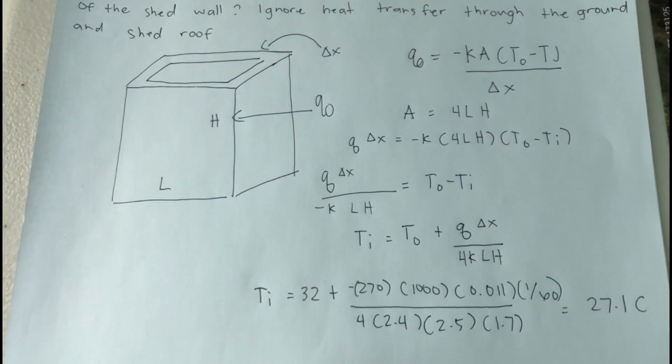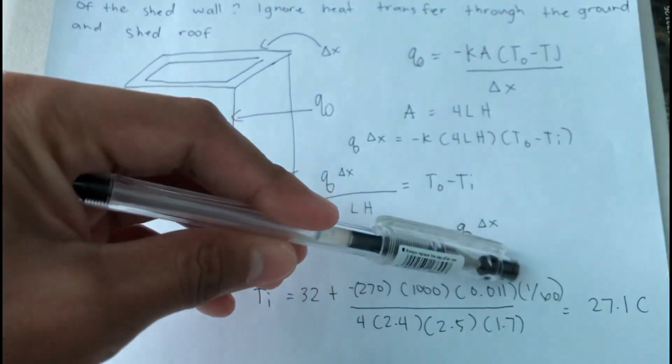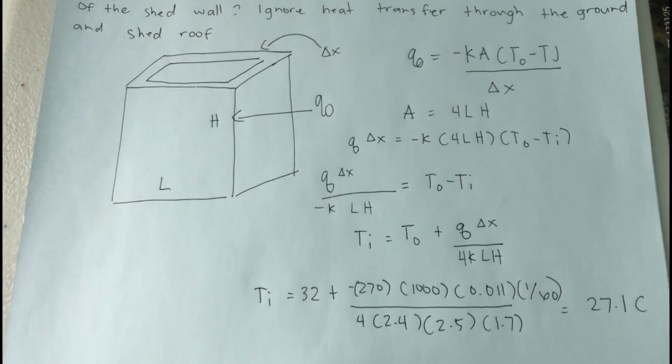Then because 270 kilojoules are transferred every minute, not every second, and watts is joules per second, I need to divide by 60. See that? To get the term correct, Q is equal to 4,500 watts.